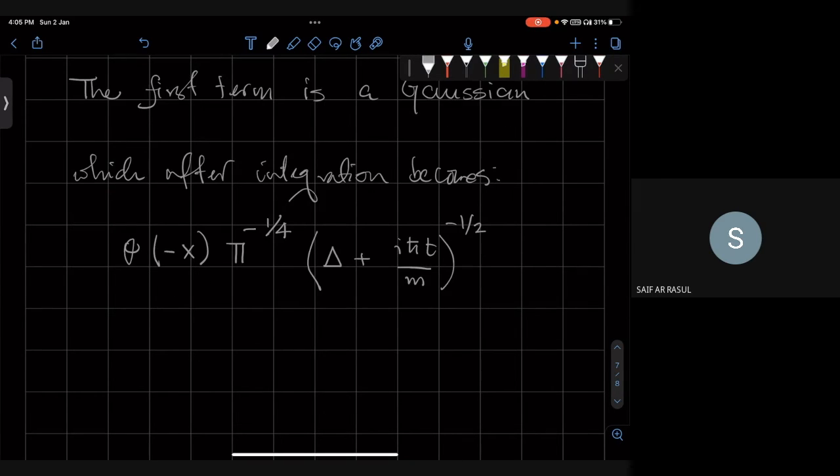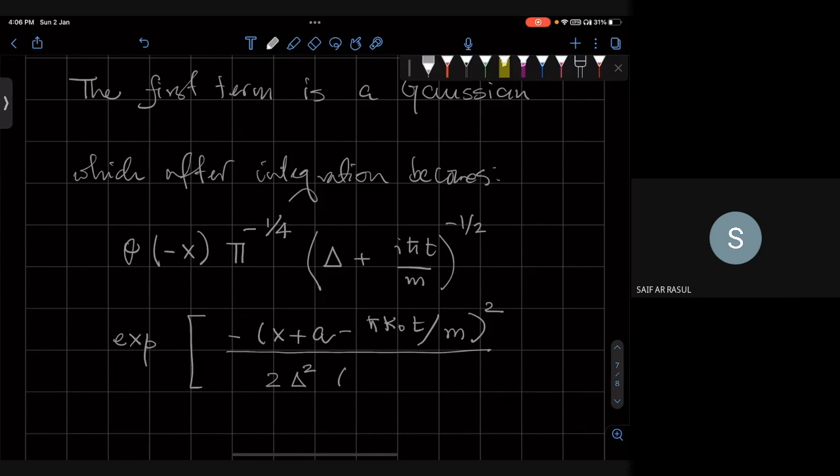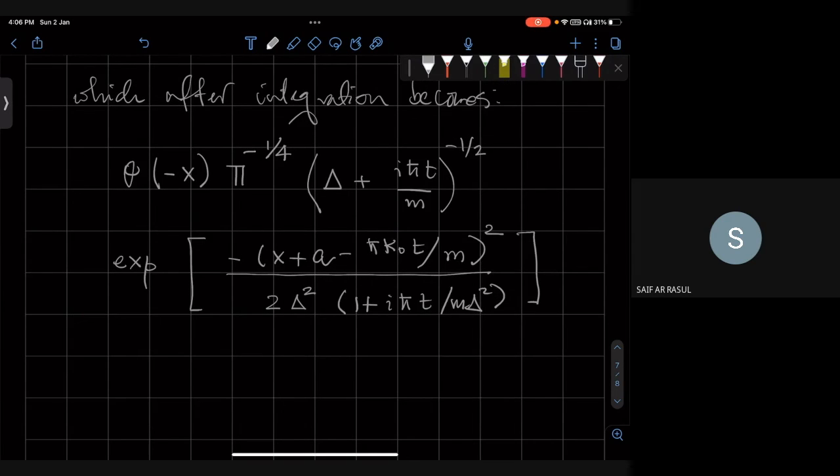And then we have the Gaussian exponential, which is exponential of minus x plus a minus h bar k naught t over m, whole squared, divided by 2 delta squared times 1 plus i h bar t divided by m delta squared. So this is the Gaussian factor.